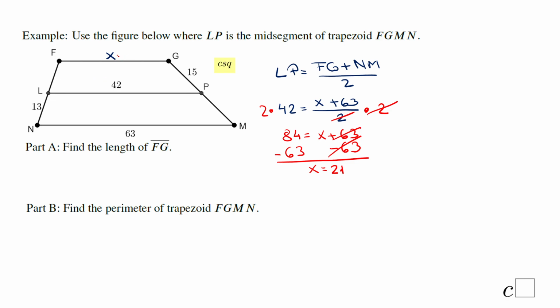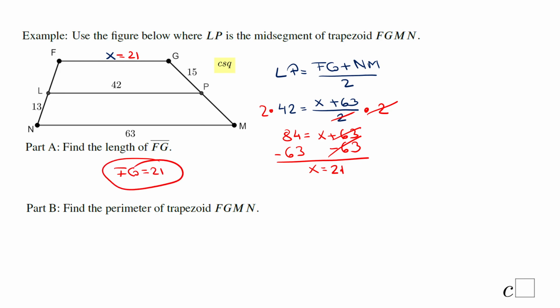This will be 21, and if you notice, 21 plus 21 is 42, 42 plus 21 is 63, so we have the same difference. So FG will be 21.